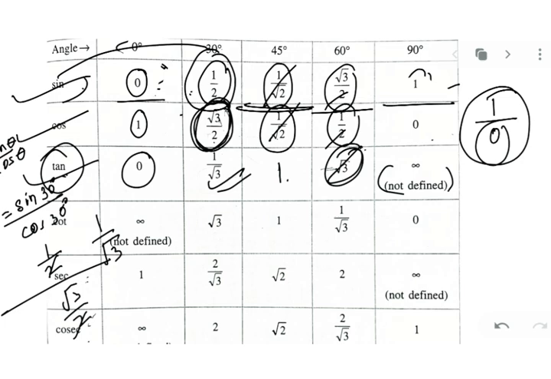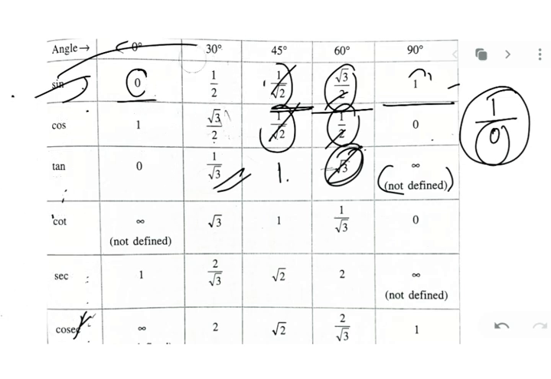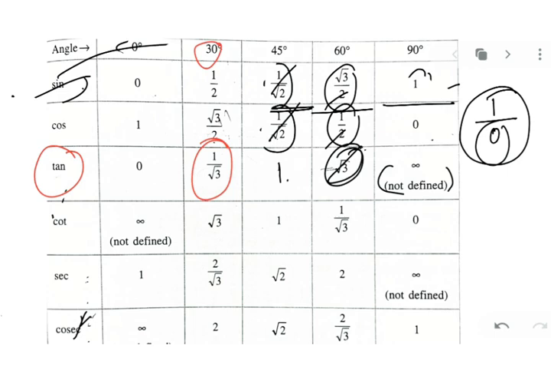Whatever value of tan has come, for example, if you can notice here, tan 30 degree is 1/√3. So what will cot be? If I say cot 30 degree, it is the reciprocal of tan 30 degree, that is √3/1. So cot is always the reciprocal of tan, whichever angle you take. Okay, and what about sec?